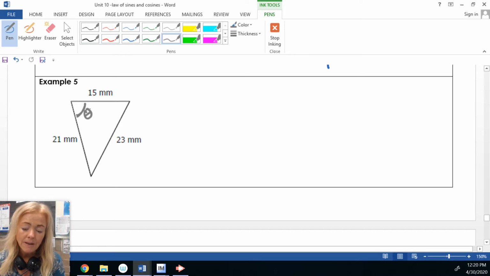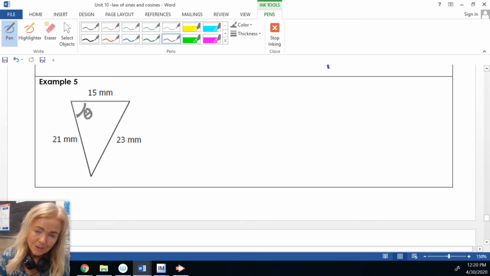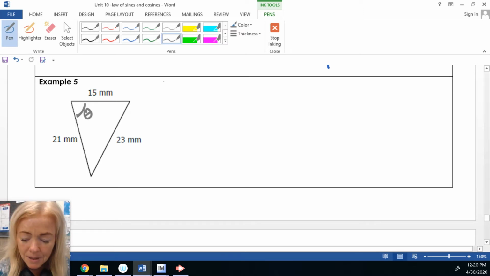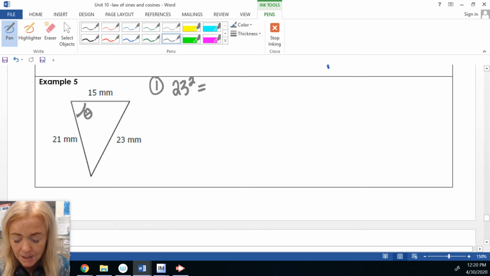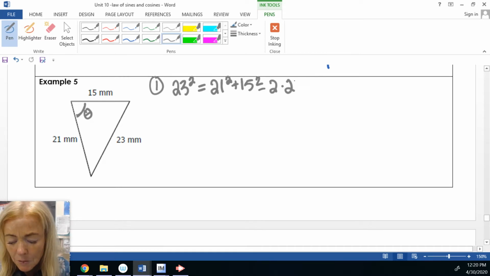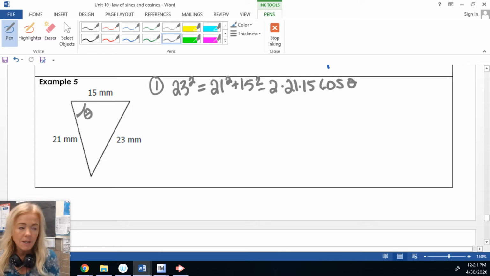We call it theta. All right, if you recall, in order to find that angle, we have to use the law of cosines. Step 1, we take 23 squared and set that equal to 21 squared plus 15 squared, minus 2 times 21 times 15 times the cosine of theta, whatever that angle is.